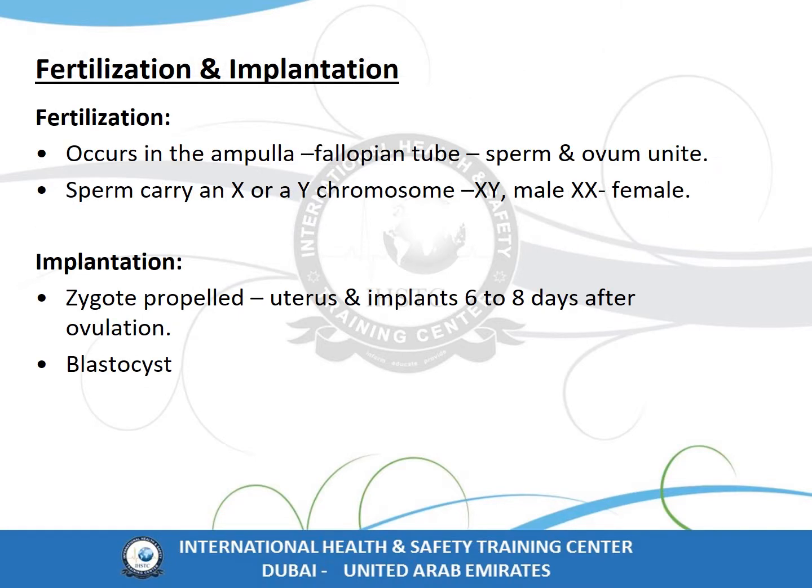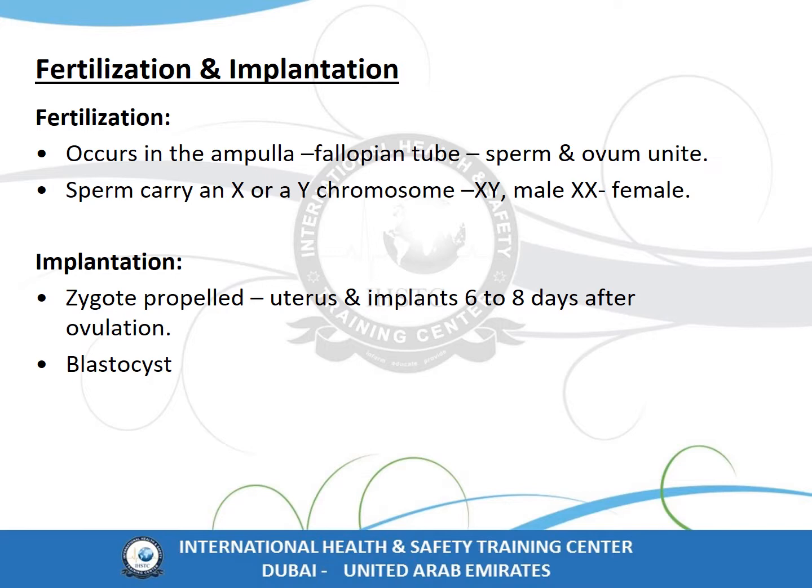Moving on to our next topic, fertilization and implantation. The fertilization occurs in the ampulla of the fallopian tube when the sperm and the ovum unite. When fertilized, the membrane of the ovum undergoes changes that prevent entry of another sperm. Each reproductive cell carries 23 chromosomes. The sperm carry an X or a Y chromosome, XY for male and XX for female.